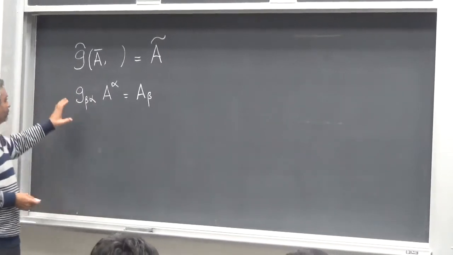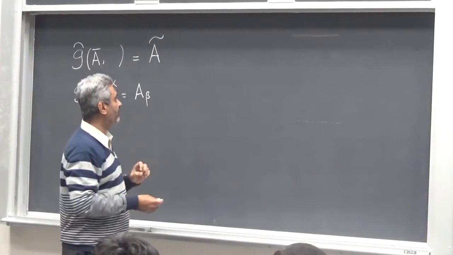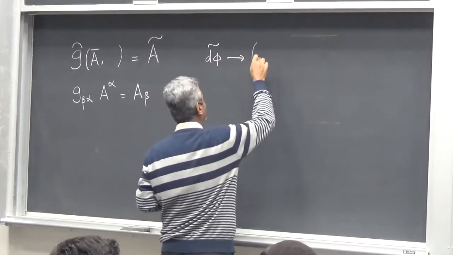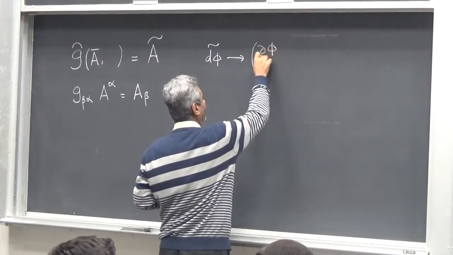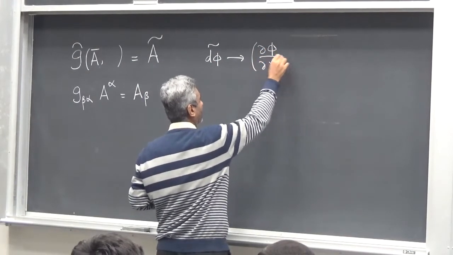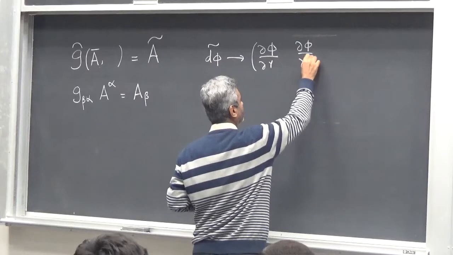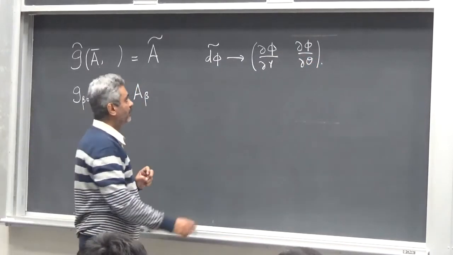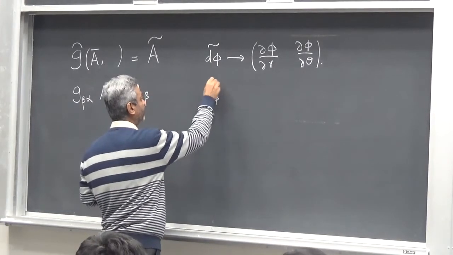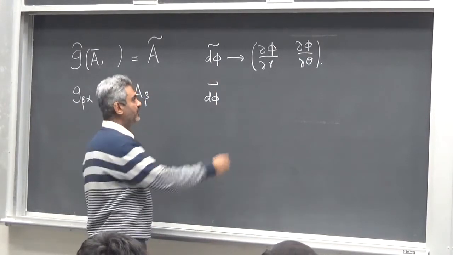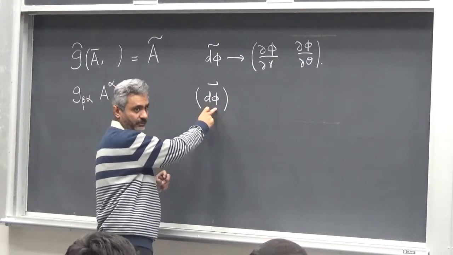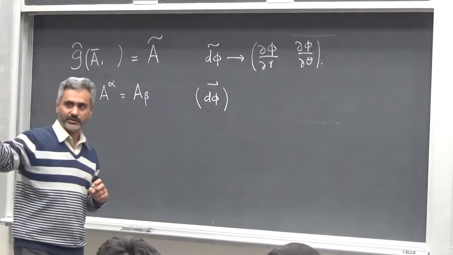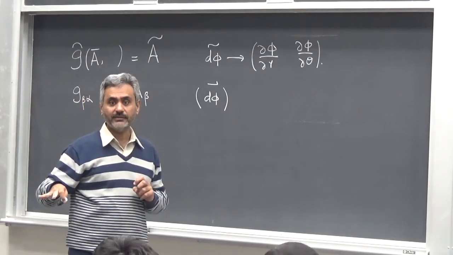Okay. An example would be d phi in a given basis, what was it? Partial phi by partial r, and partial phi by partial theta. Right? And how do I generate this? Now this is a vector. Usually when you talk about gradient and rate of change, that's the vector gradient, not the one form.